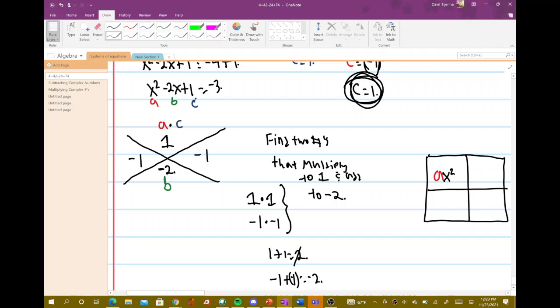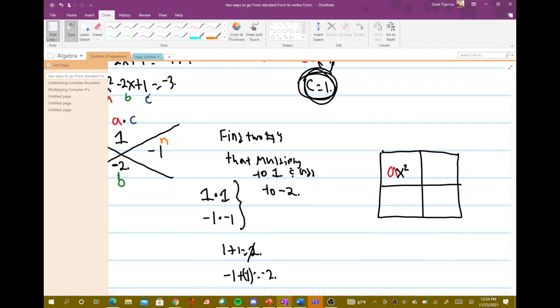Here you have, let's call this one m, and let's call this one n, okay? mx is going to go right here, and then we also have nx.